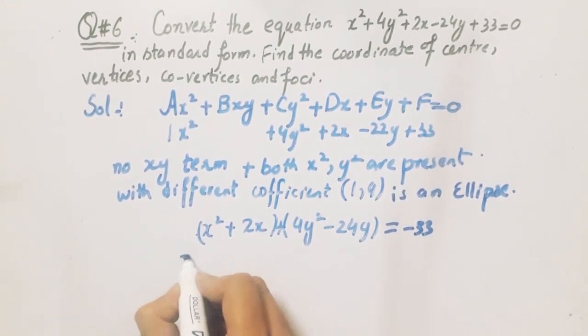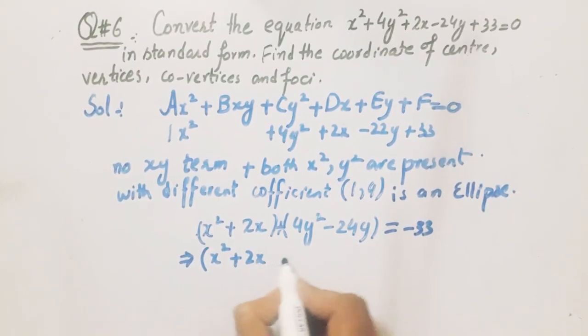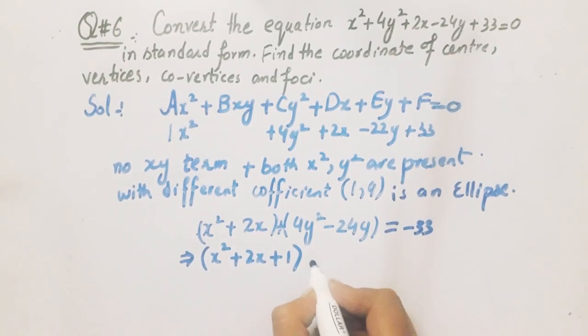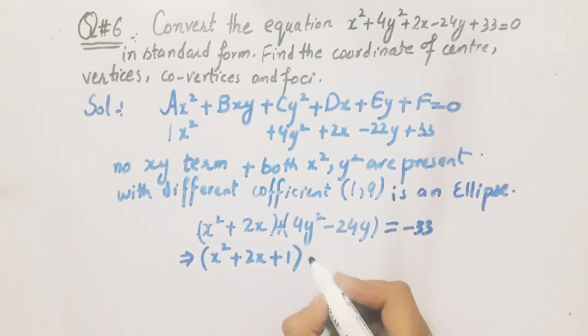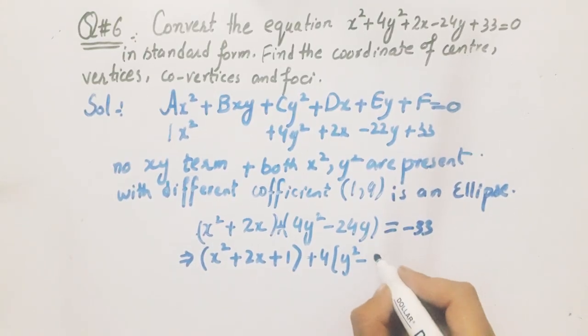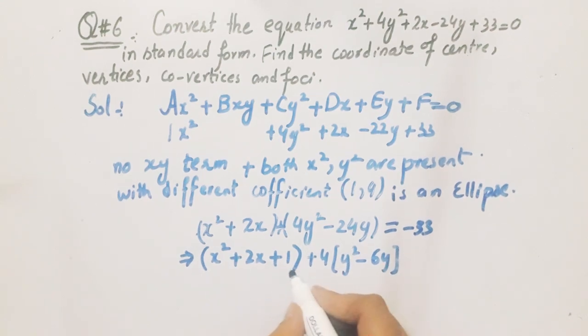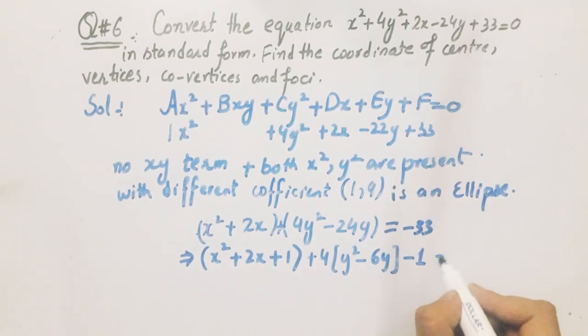By completing the square we will get x square plus 2x plus 1, and in this case we will complete the square of this also. Take 4 common first, so y square minus 6y, and when you add 1 here, minus 1 is also there, then minus 33.